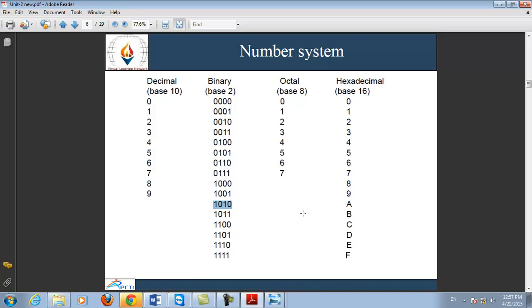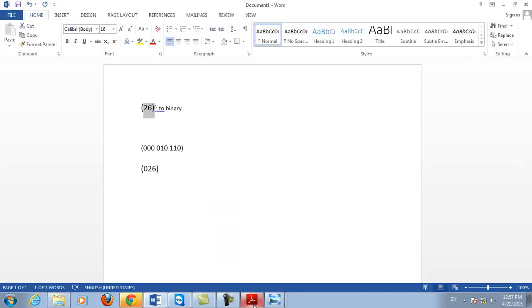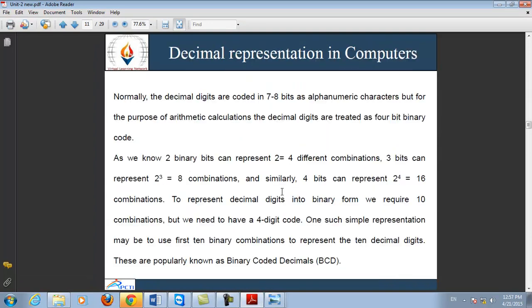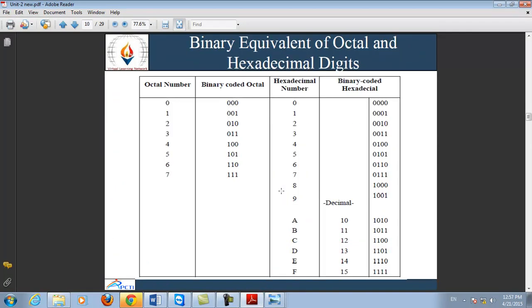This is the shortcut method you can use to convert binary into octal or octal into binary, or to convert binary into hexadecimal or hexadecimal into binary in the conversion process. This is the conversion of octal and hexadecimal digits into binary and vice versa.